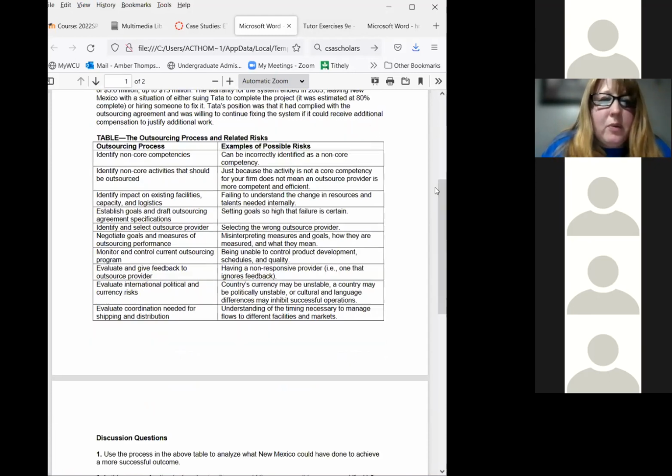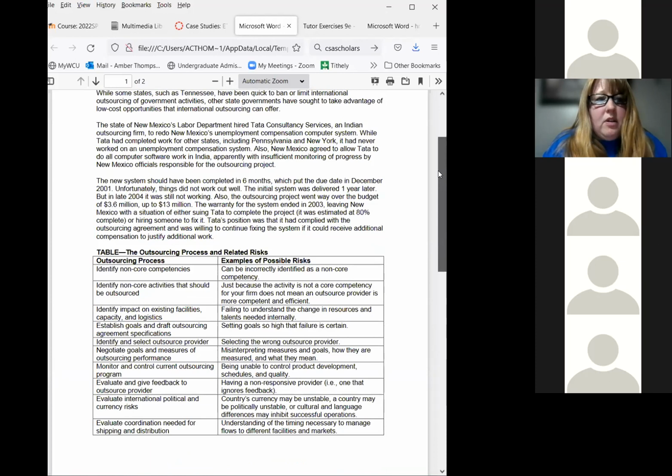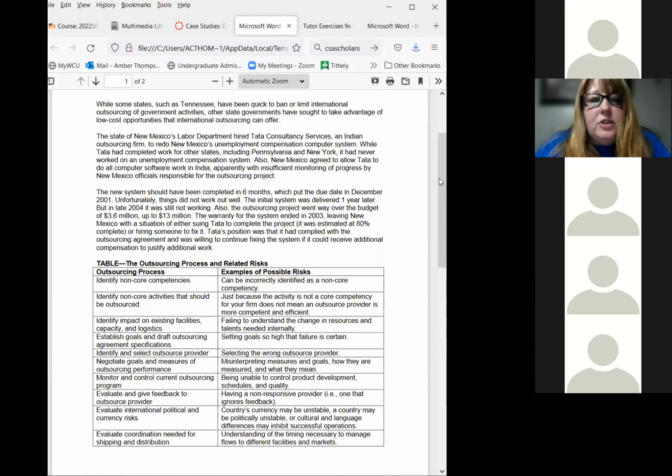Based on what we know from chapter 1 and chapter 2, just looking at this process and the possible risks, what can New Mexico do? Just what are some general things that you can take off the top of your head that New Mexico could do instead of running things the way they did?